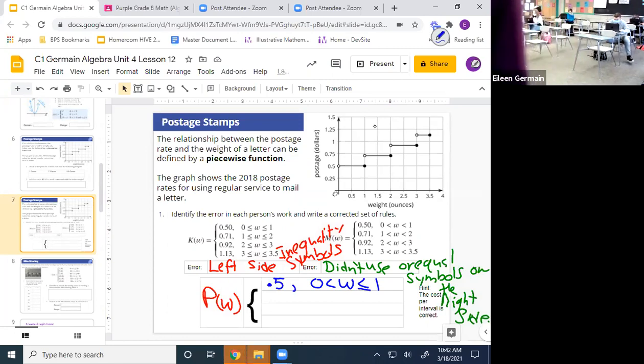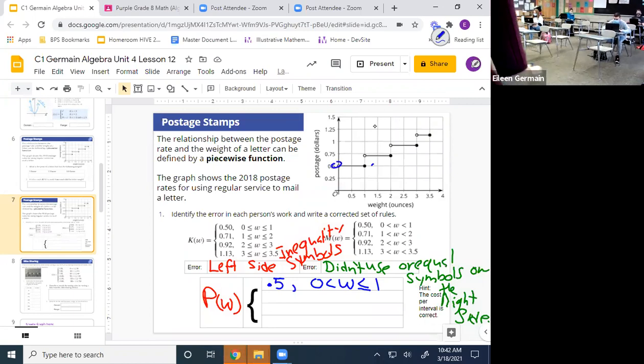Okay. What do we think about this that he wrote here? Do we agree? Is there anything that we would change about this? I need eyes up here. Looking at just this first interval, this first piece of our graph, do we agree? Why did he do his symbols the way that he did? Why did he do a not or equal to on that first piece there? The first dot is open, thank you.